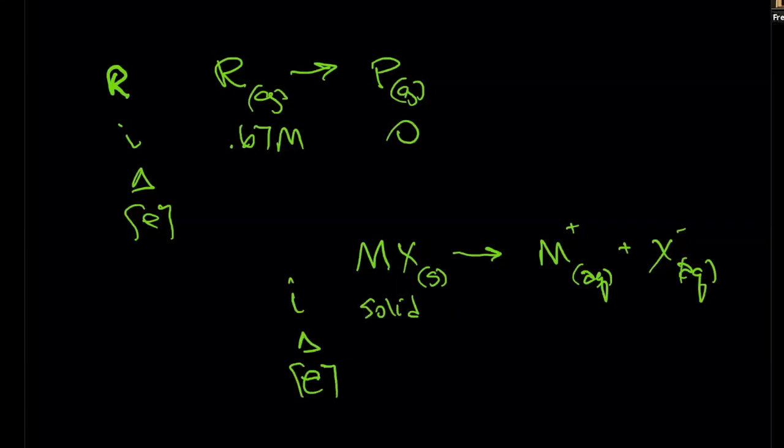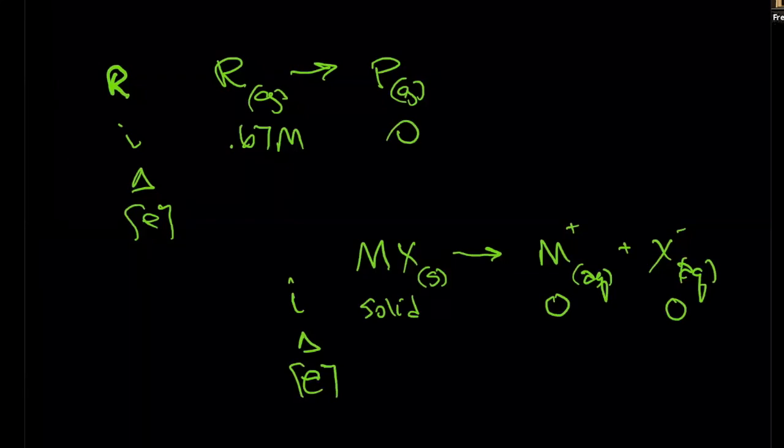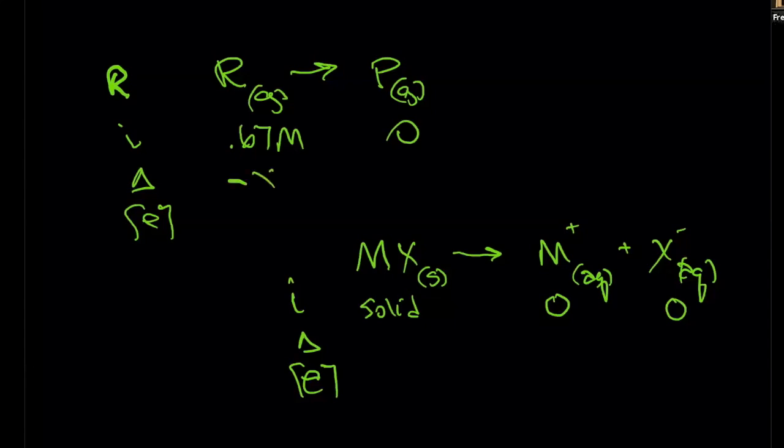But before it dissolves, this is 0 and this is 0. That's the amount of ions of this particular chemical before it starts to dissolve in solution. But now instead of X, here we have minus X, and here we might have, let's say this is 2, this is plus 2X. We don't indicate in this type of problem an X value.